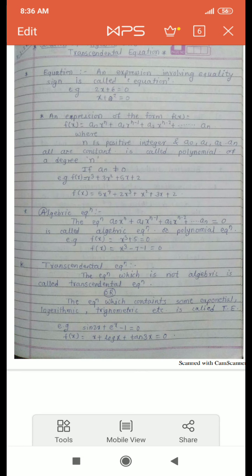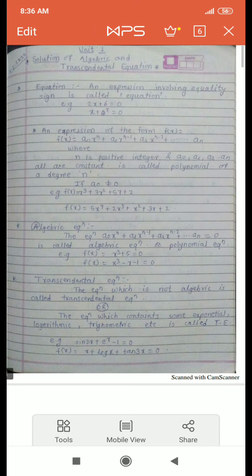The difference between algebraic and transcendental equation is that algebraic equation contains only the terms of x and constants, but a transcendental equation may contain trigonometric, logarithmic or exponential functions.